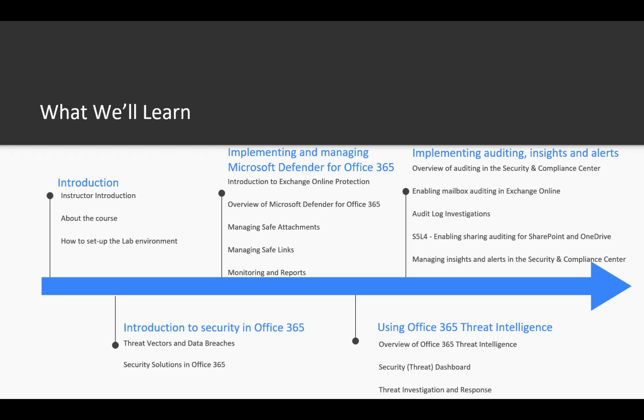Then the next section will cover implementing auditing, insights and alerts in the Security and Compliance Center in Office 365. Of course, an overview of auditing in the Security and Compliance Center. We'll discuss enabling mailbox auditing, audit log investigations, enabling sharing auditing for SharePoint and OneDrive, and managing insights and alerts in the Security and Compliance Center.